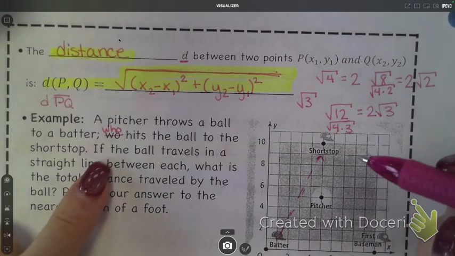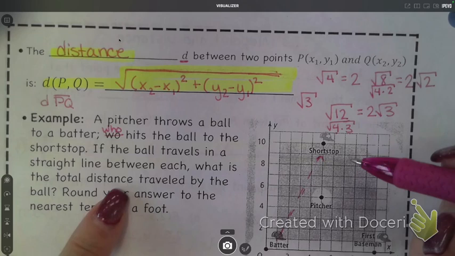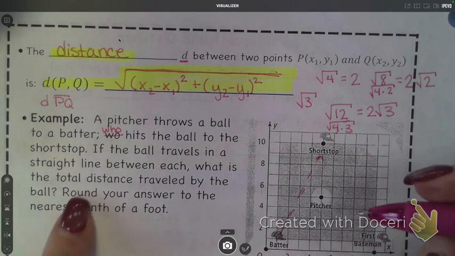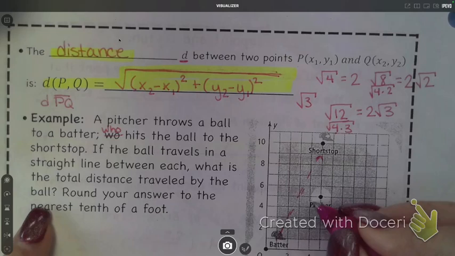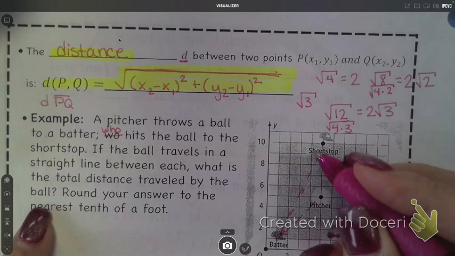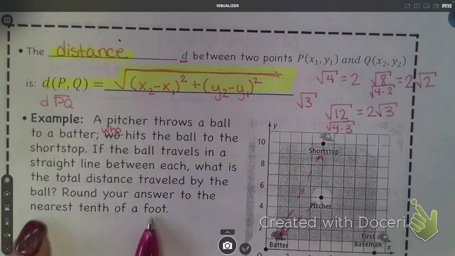If the ball travels in a straight line between each, what is the total distance traveled by the ball? So the ball left the pitcher first, right? And then it went to the batter, and then went to the shortstop. Now this says round your answer to the nearest tenth of a foot. So that means my final answer, I need to use a calculator, doesn't it?